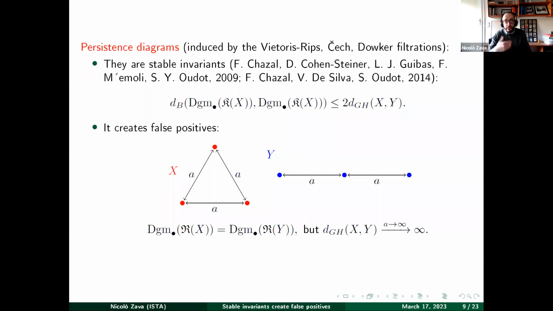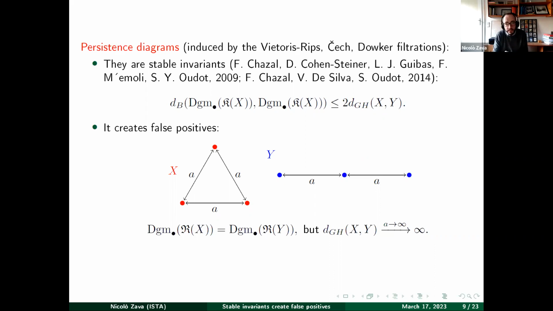And the same happens with persistence diagrams induced by, for example, the Vietoris-Rips filtration. This is a stable invariant in the sense that the bottleneck distance between the persistence diagrams induced is bounded by twice the Gromov-Hausdorff distance. But again, it's quite easy to produce false positives: pairs of spaces whose Gromov-Hausdorff distance is as high as we want, but they have the same persistence diagrams.